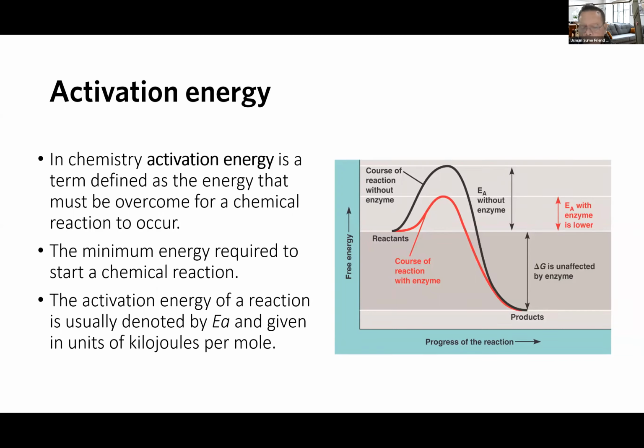The horizontal axis is the progress of the reaction and the vertical axis is the free energy. Let's see the black line. The black line is the course of reaction without enzyme, and the red line is the course of reaction with enzyme.